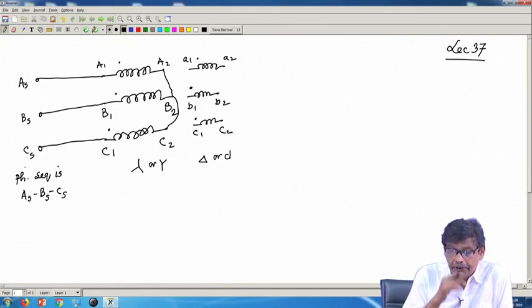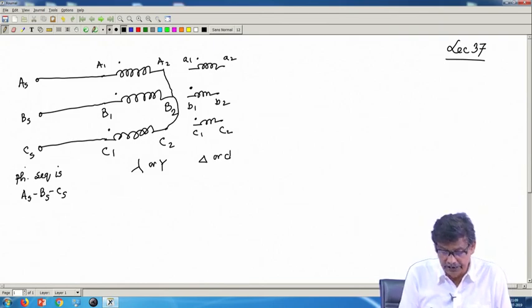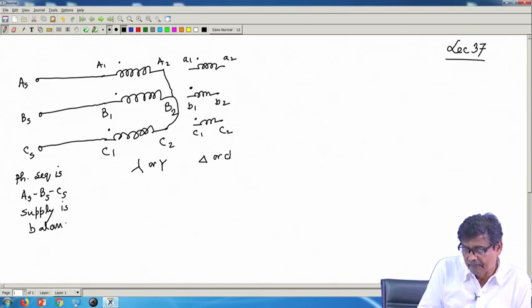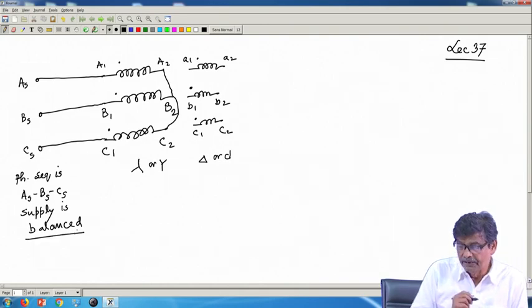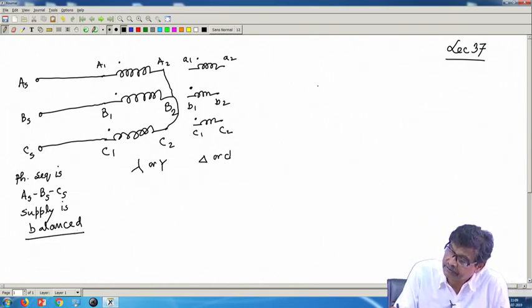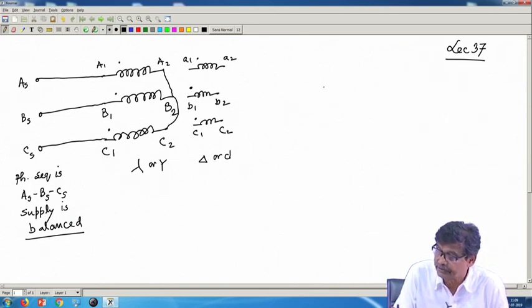The moment you do this, the phase sequence is this and the supply is balanced. If the supply is balanced, then the best thing to do is draw the supply voltage first.